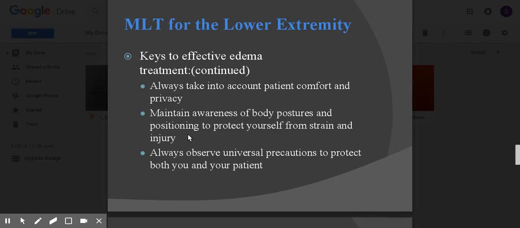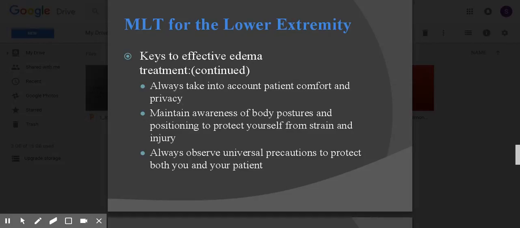Maintain your awareness of body postures and make sure your positioning is good, because the other part about this type of therapy, very similar to some other manual techniques, is that for therapists who practice in clinics where they do this all the time, this is a very fatiguing technique, so you have to be very careful of your own body postures and make sure that you're positioned in a way to protect yourself from strain and injury.